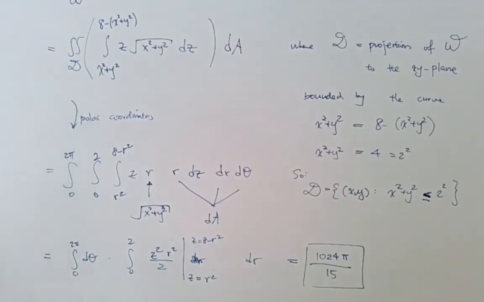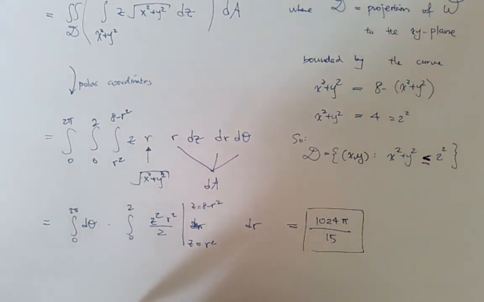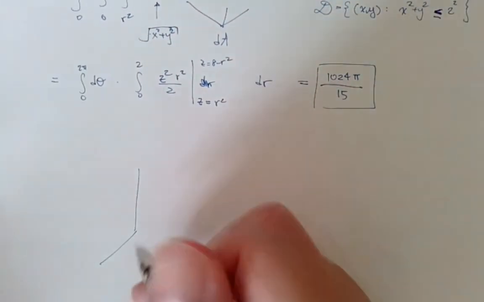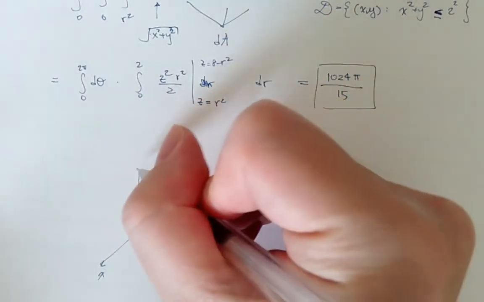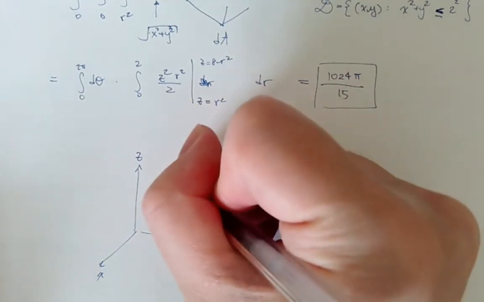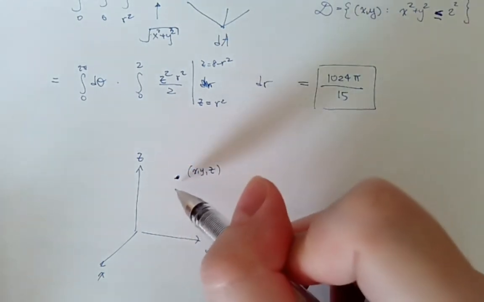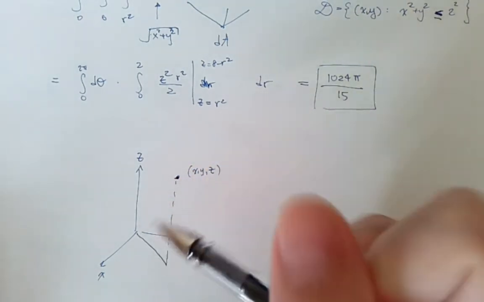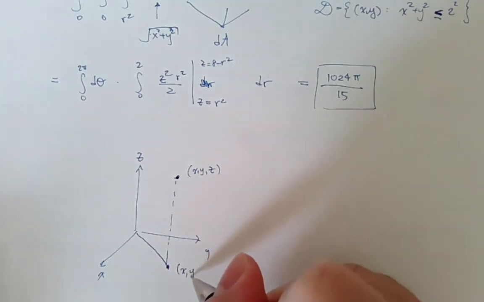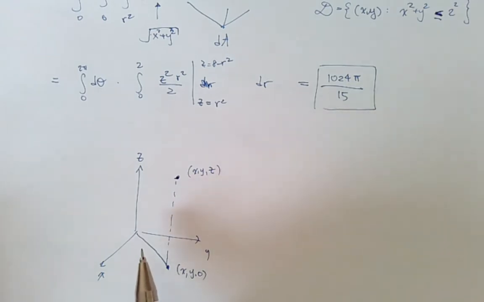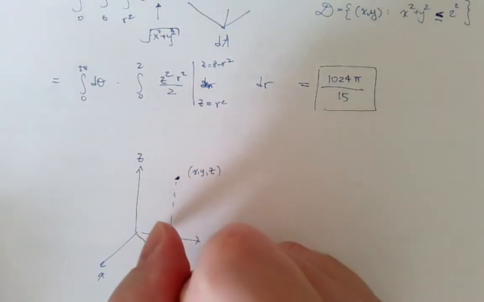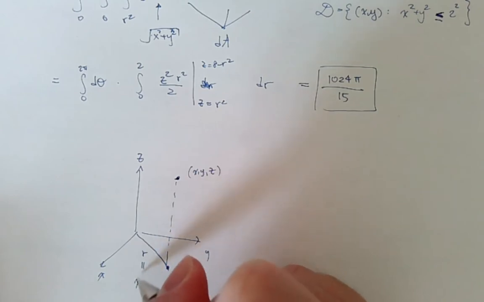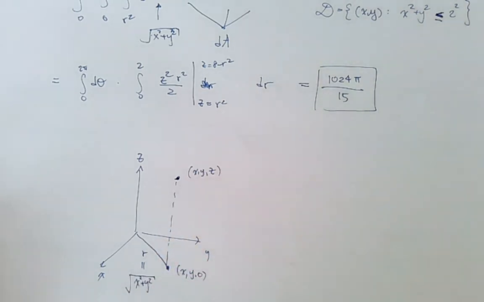But essentially, given a point x, y, z, we projected it down to get the point x, y, 0, and then we represented this point in polar coordinates with r, which is the square root of x squared plus y squared, and theta, which is this angle right there.